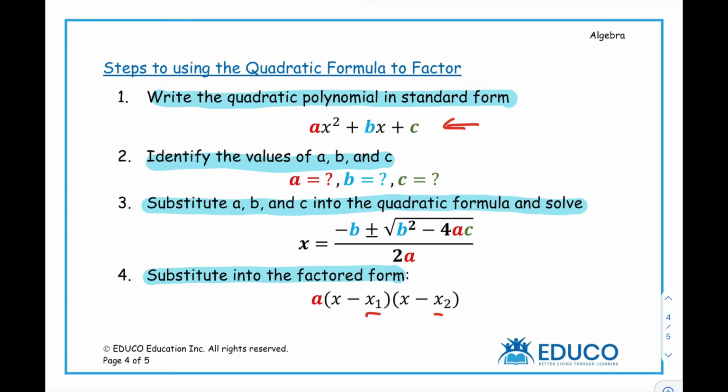So it's a times (x minus x1) times (x minus x2), where x1 and x2 are the roots of the quadratic formula. When you solve with the quadratic formula, you get two values of x. Those values of x represent x1 and x2. Now, the ordering actually doesn't matter. Which one you label x1 and which one you label x2 doesn't matter. You will get the same answer regardless.